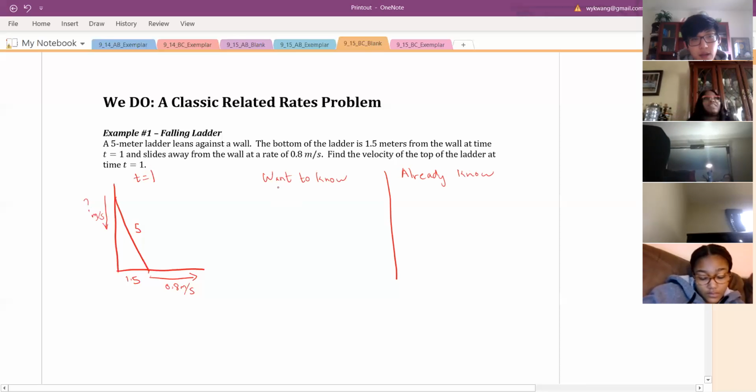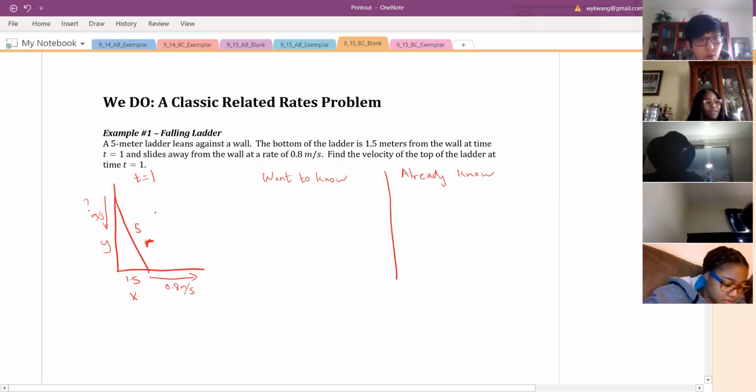So it's easy to start out with what we want to know. So here, I'm going to label each of these sides as y, x, and then I'm going to label this as r, just so we have each of these sides figured out. So what we want to know is the rate at which y is decreasing, basically, right? Because y is this distance from the top of the ladder to the bottom.